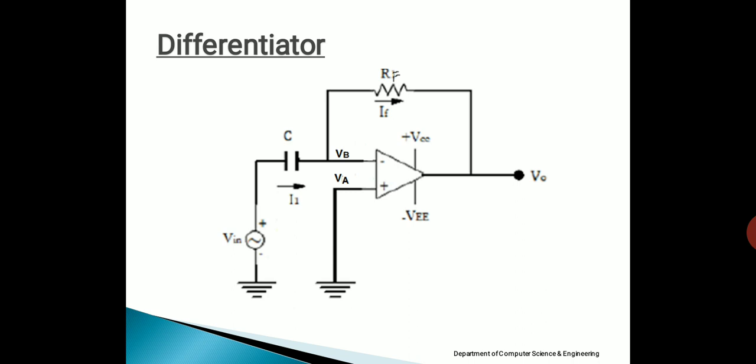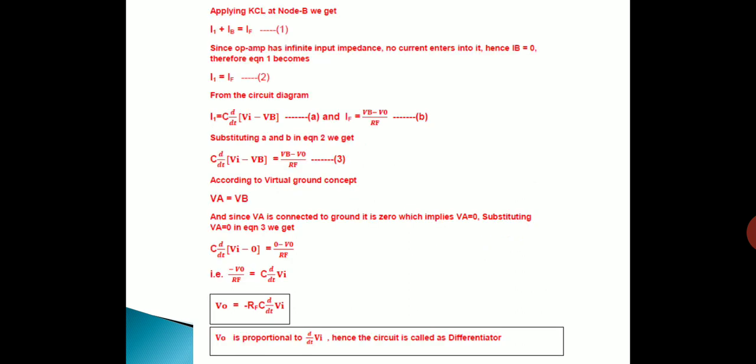If you observe node B, there are totally three currents. Current I1 is entering node B, current IF is leaving node B, and the current IB should also leave node B and try to enter the inverting input terminal of the op amp. So applying KCL at node B, we get I1 plus IB equal to IF. That is equation 1.